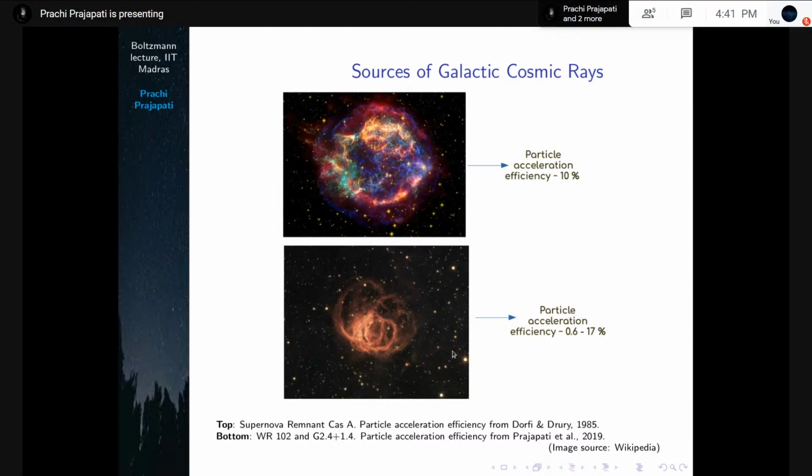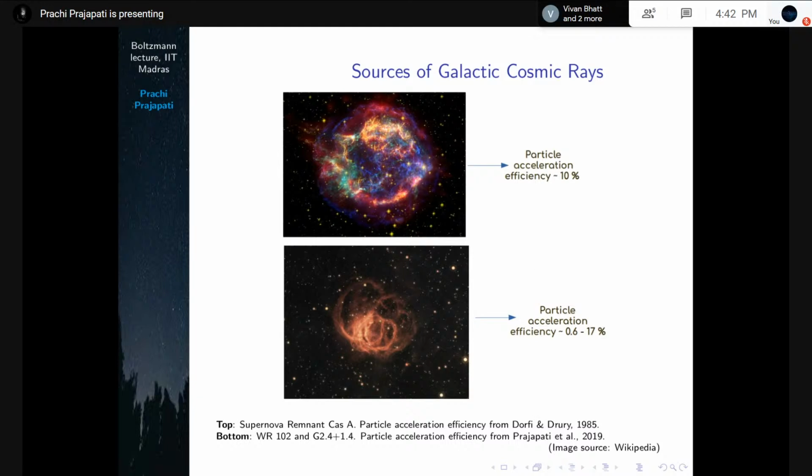So it's quite evident that even isolated massive stars are able to generate accelerated particles, which are basically the galactic cosmic rays. Everything coming as mechanical power from the stellar winds of the central massive star is the input to the surrounding medium, which can create shocks and lead to particle acceleration to generate galactic cosmic rays.